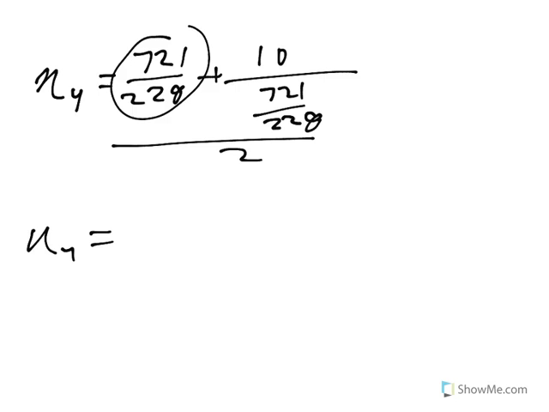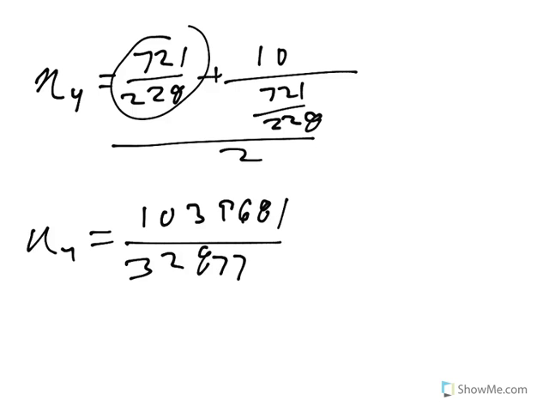By the way, if I was finding the square root of something else, that something else would be on top there. Take the average, and I'll just skip to the answer: 1039681 over 3287776. So that's actually 3.162277766, which is correct to all those decimal places.